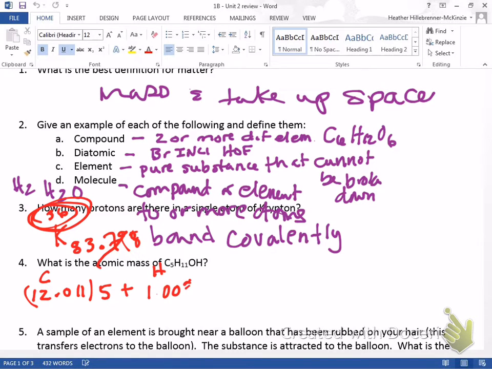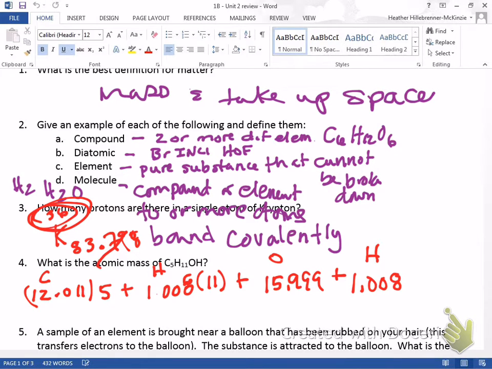And how many of those do we have? 11. Plus oxygen, which is 15.999. Plus one more hydrogen, which is 1.008. Now, could you have totaled all this together and said you had 5 carbons, 12 hydrogens, and 1 oxygen? Yeah, and you could have done it that way as well, okay?